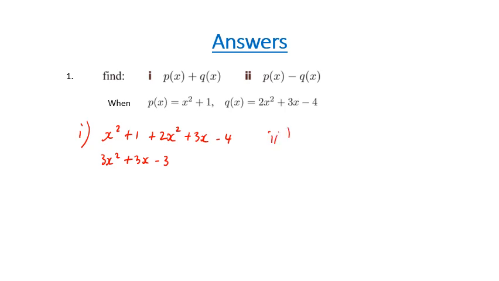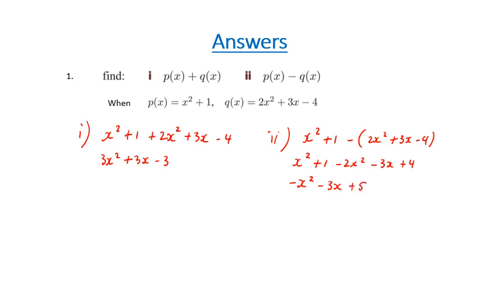And if we are subtracting, we've got x squared plus 1, take away 2x squared plus 3x, take 4. Now remember, the negative out the front turns all those other terms into the opposite of what they are. So this becomes negative 2x squared, take 3x plus 4. We simply collect the like terms. This becomes negative x squared, take 3x plus 5.